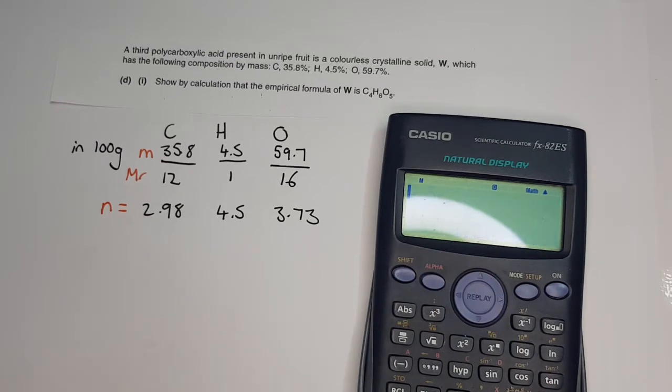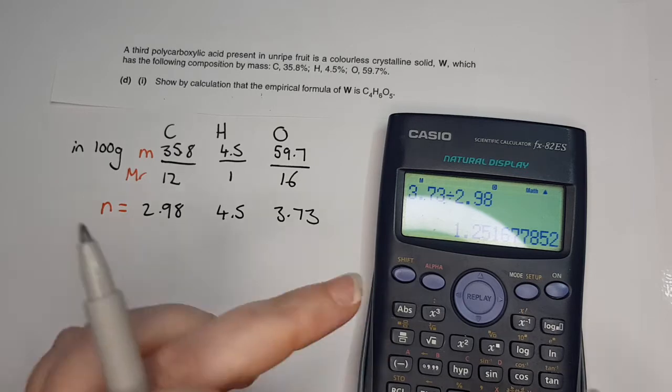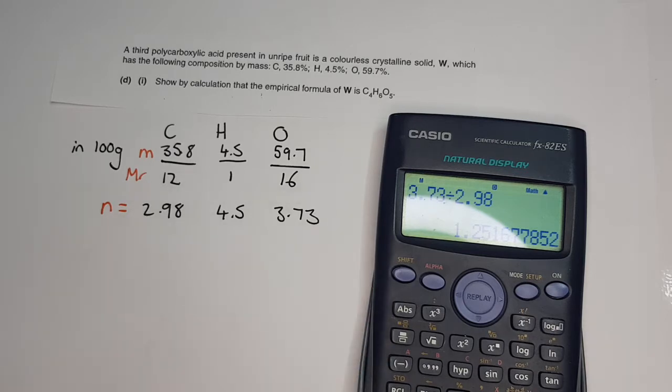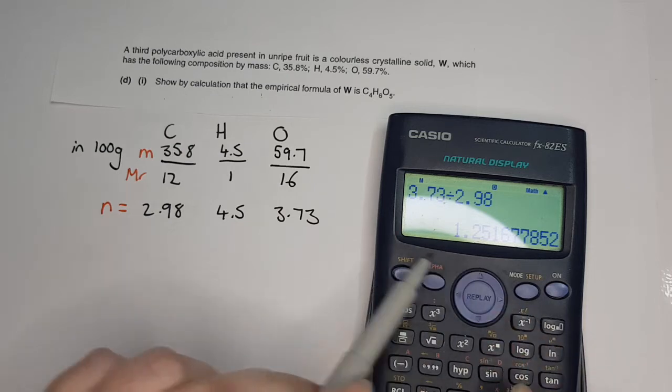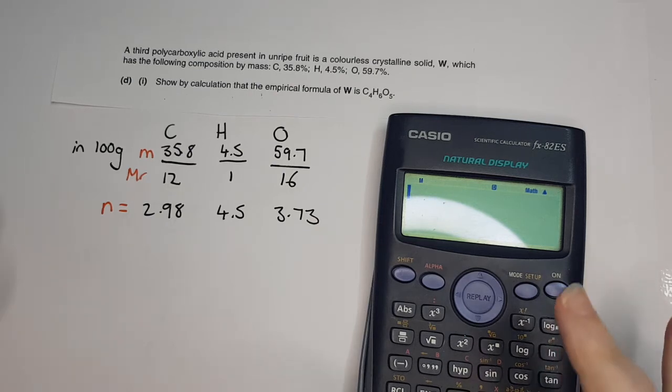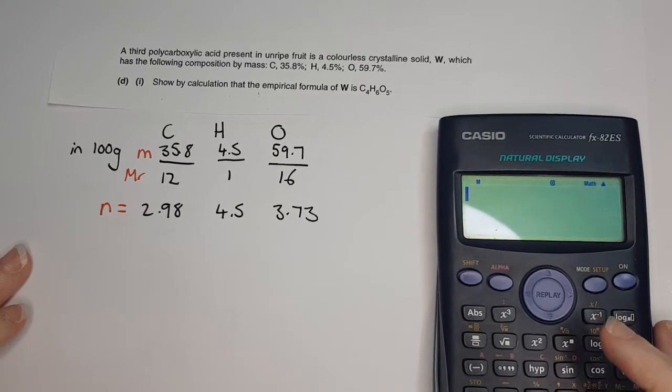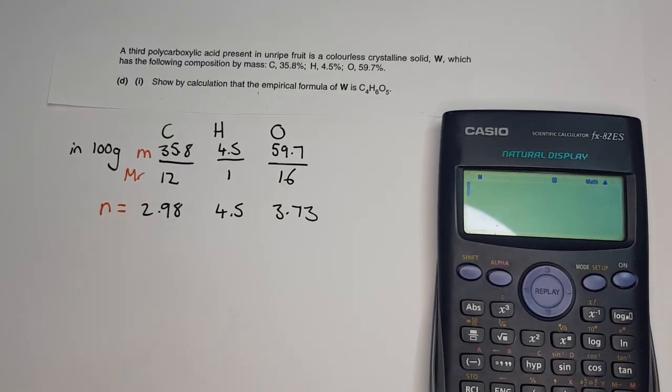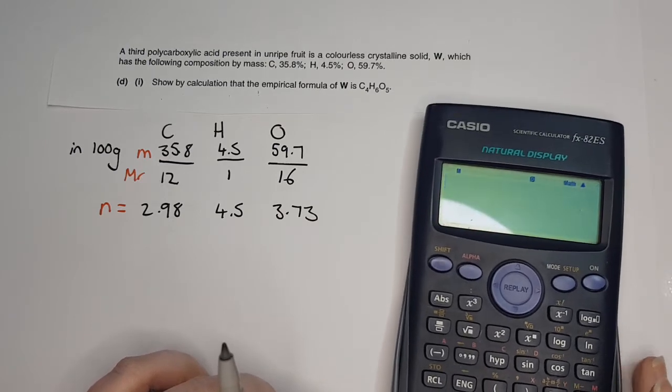And if I do the same for 3.73 divided by 2.98, I get even less close to a whole number. So sometimes if I don't get whole numbers by dividing, what I need to do is multiply instead. So the easiest thing to do is to go through and try different numbers to see where we can get a whole number.